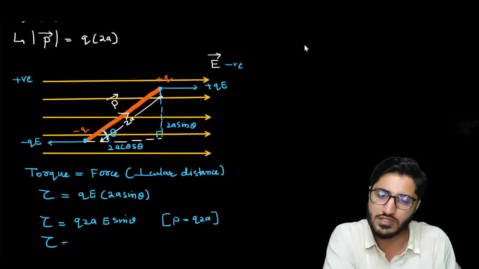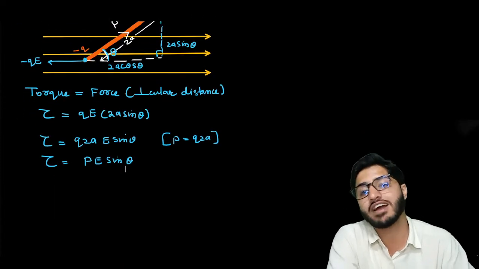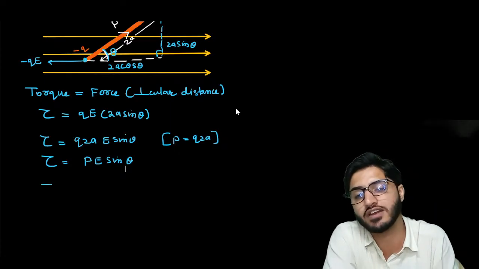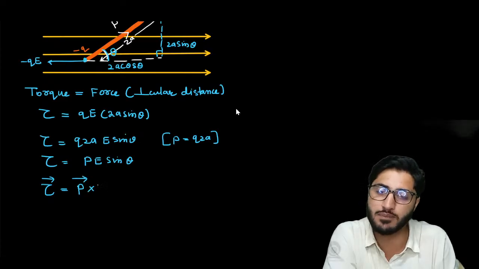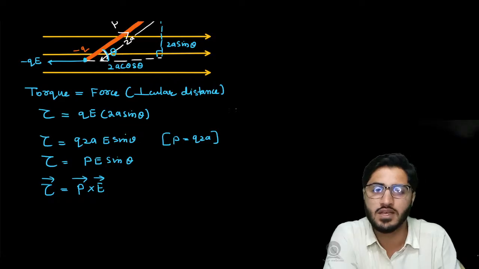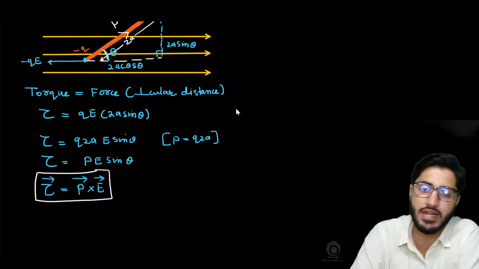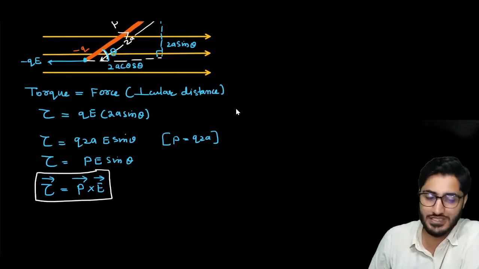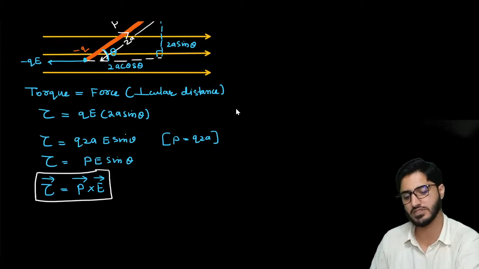So torque equals P E sin theta. P is also a vector quantity, and sin theta indicates a cross product, so tau vector equals P vector cross E vector. This thing I need to note down. Torque experienced by a dipole placed in a uniform external electric field is P cross E. Done?